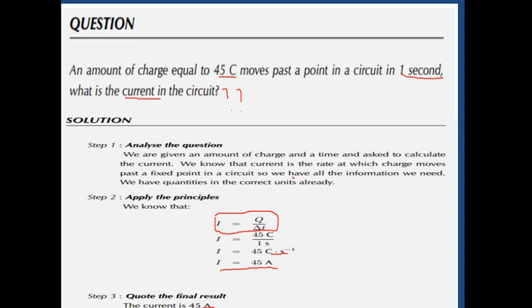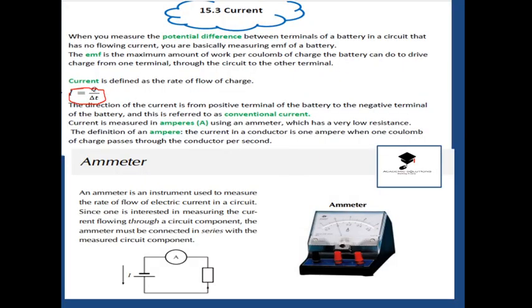The EMF is the potential difference when the battery is not connected in a complete circuit. And the current is defined as the rate of flow of charge, and we have been able to use the current to do some calculations. We've also looked at the various instruments used to measure all these things.